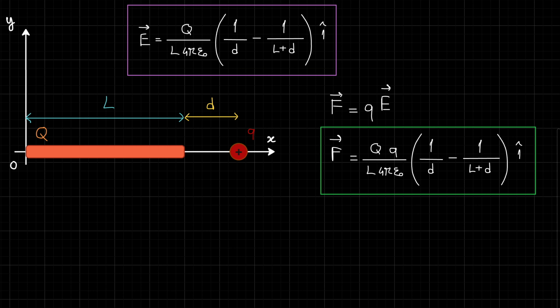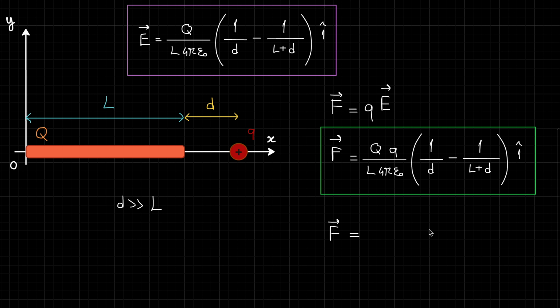Next and last question is, what happens to F when d becomes much greater than capital L? In other words, the distance between the line of charge, capital Q, and the point charge becomes very large. To see things more clearly, let's rearrange this expression a little bit. I'm going to rewrite the expression in parentheses.